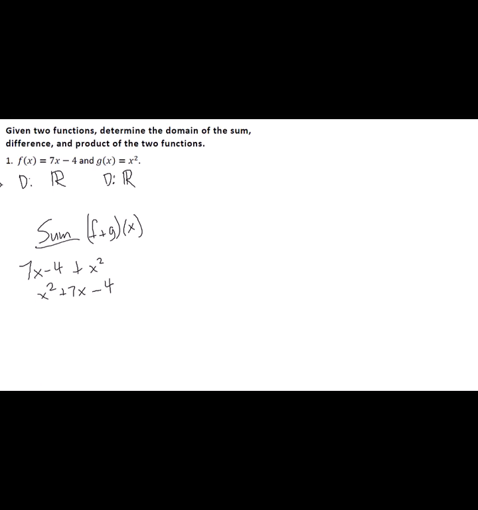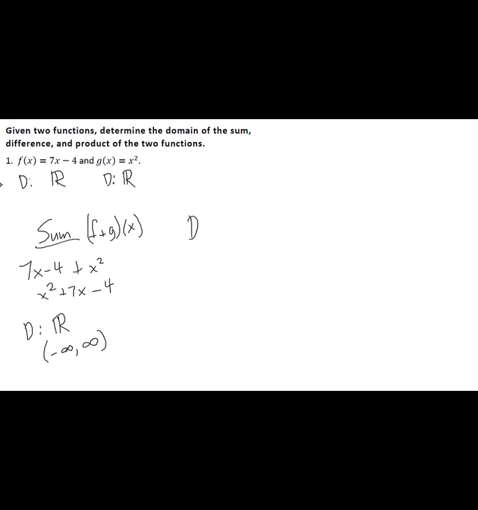So this is also quadratic, so this has a domain of all real numbers. You'll either write it as all real numbers, or some prefer it in interval notation. You'll see it -infinity to infinity, just depending on which format you're asked to give it in.